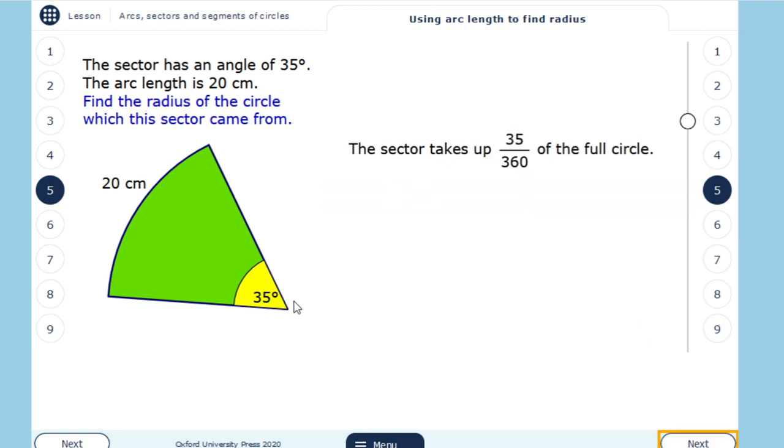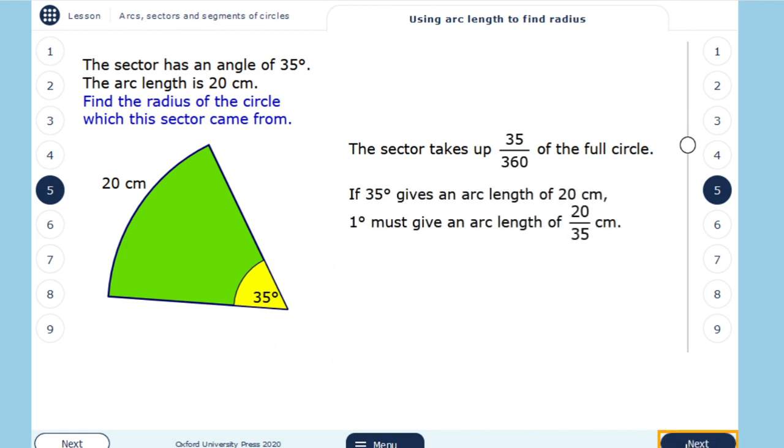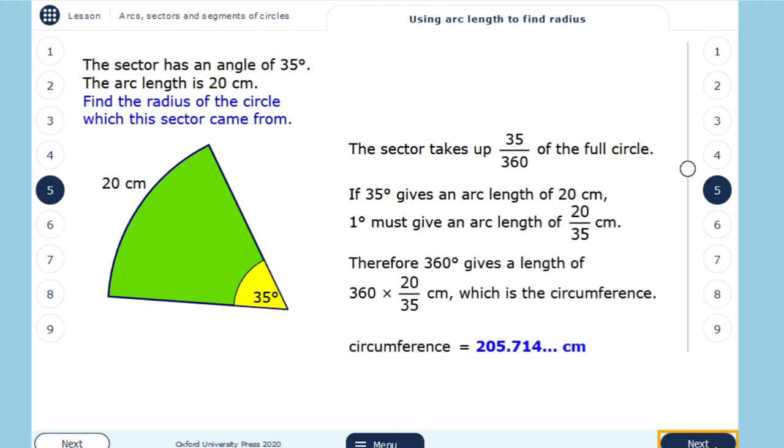So the sector takes up 35 out of the 360 that is the whole circle. If 35 degrees gives an arc of 20, 1 degree must give an arc length of 20 over 35. Therefore, 360 degrees will give a length of 360 times 20 over 35, which is the circumference.